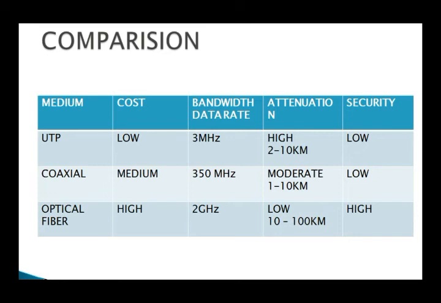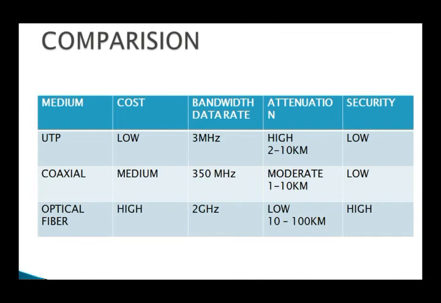Attenuation is the reduction in the strength of cable, and security will also be very low in the twisted pair cable. Now, in coaxial cable, the cost will be moderate, bandwidth data rate is high, 350 MHz as compared to twisted pair, and security is also low.